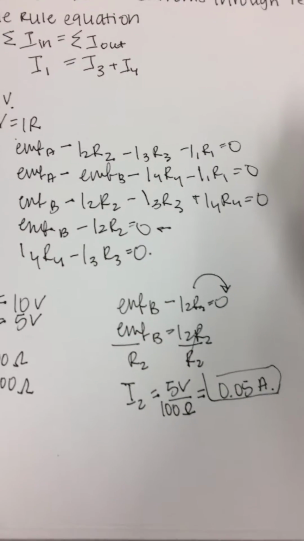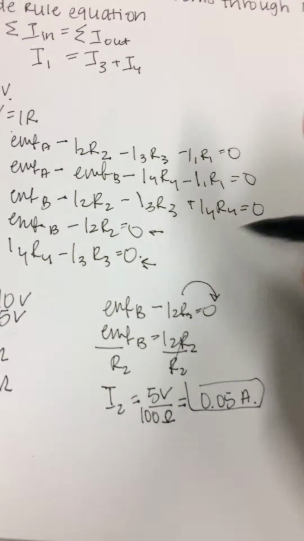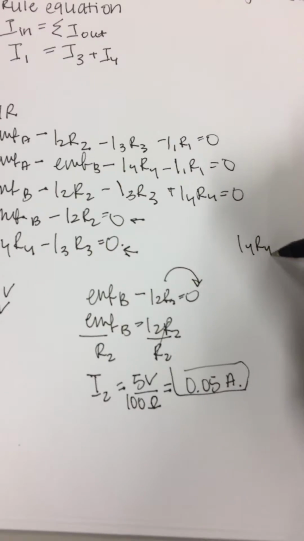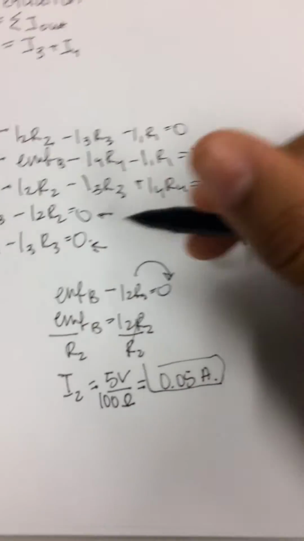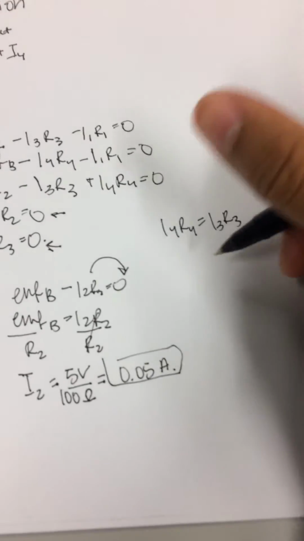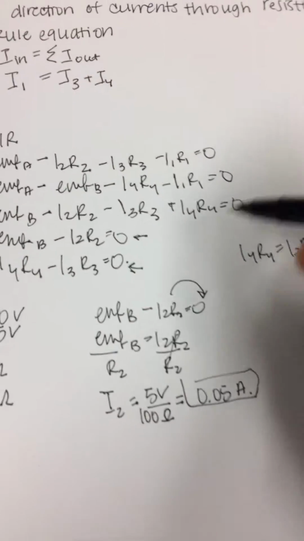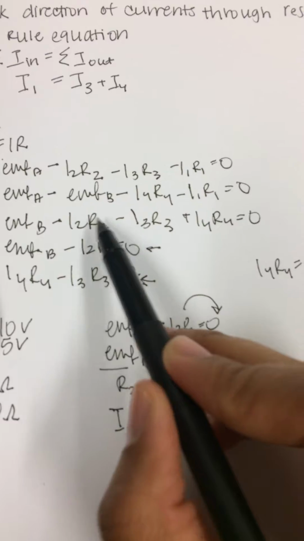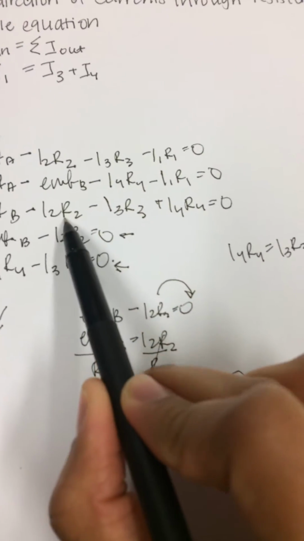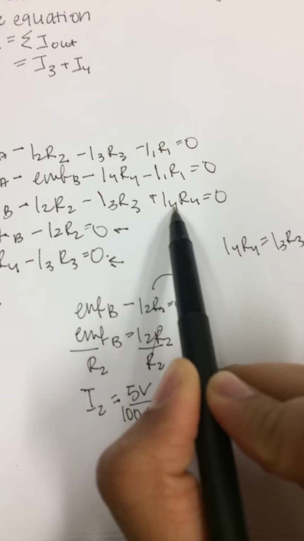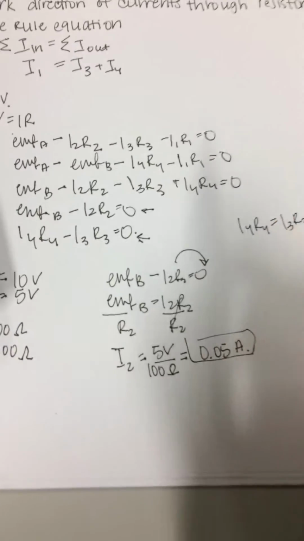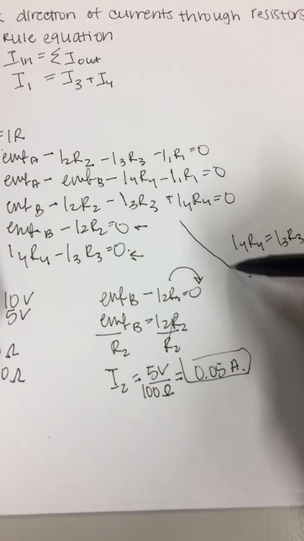The next equation that's also short that we can use is this one right here. We know that I4R4 equals I3R3 if you bring the I3R3 to the other side of the equation, so they're going to be the same value. This equation integrates a value that we know, another value that we know, and two values that could be equal to each other, so let's use this one next.